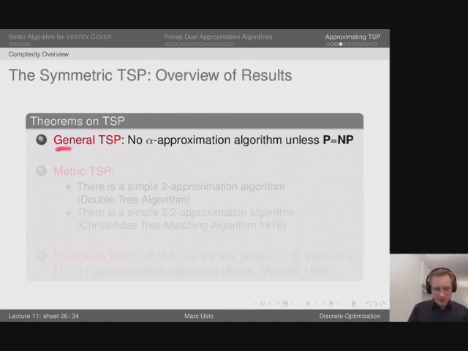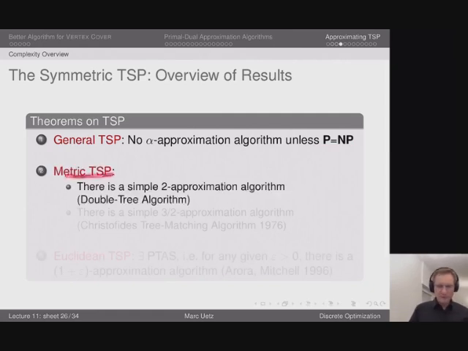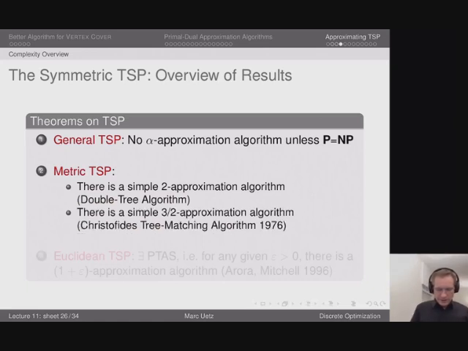So the general non-metric TSP cannot have any constant approximation algorithm unless P is equal to NP. And this is what we can get for the metric TSP. So first of all, there is a very simple 2 approximation algorithm, and that is the so-called double tree algorithm. Even nicer, there is a slightly more involved, but also still very simple 3/2 approximation algorithm.